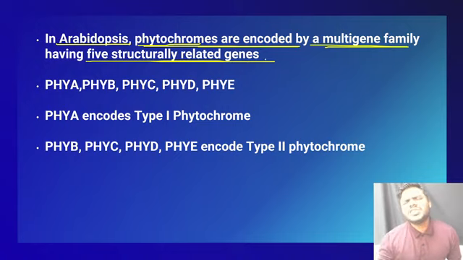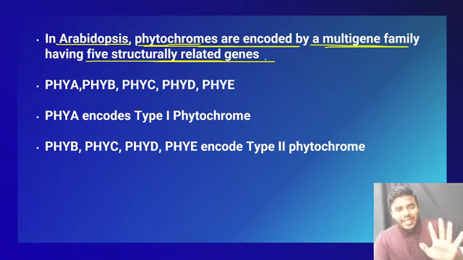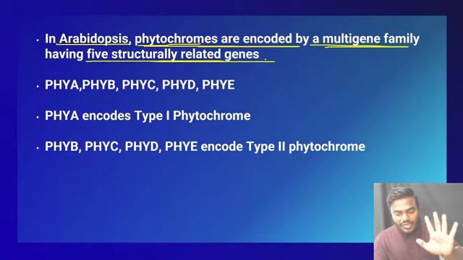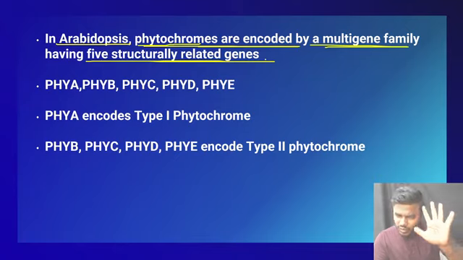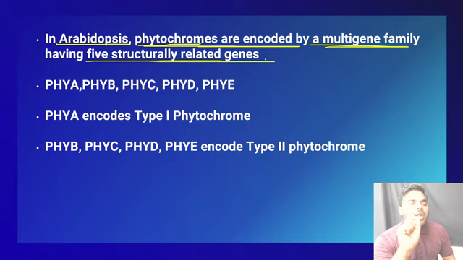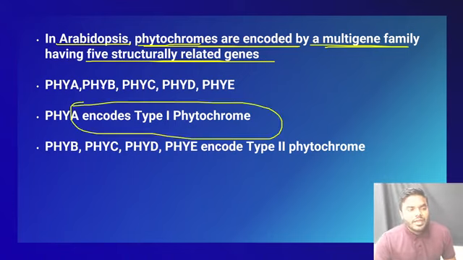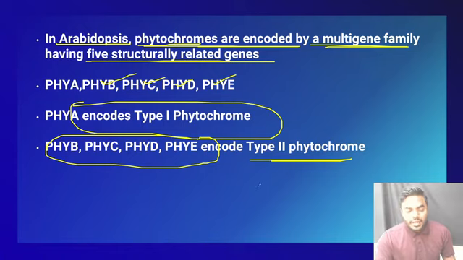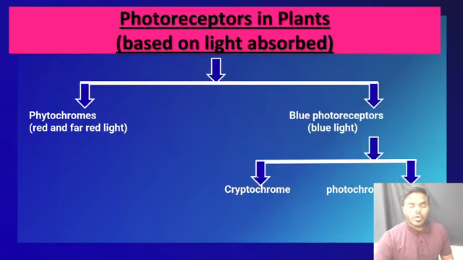See friends, it's easy to remember also. Every student listen, there are a total of 5 phytochrome-containing genes, only 5: A, B, C, D, E. Only phytochrome A can code for type 1. The B, C, D, E, these 4, are coding for type 2 phytochrome.